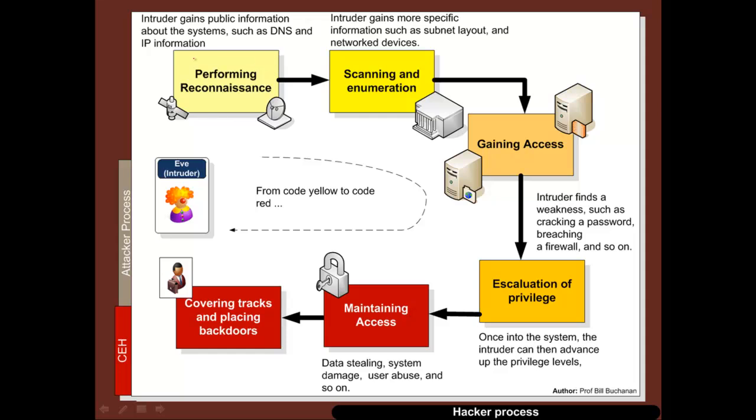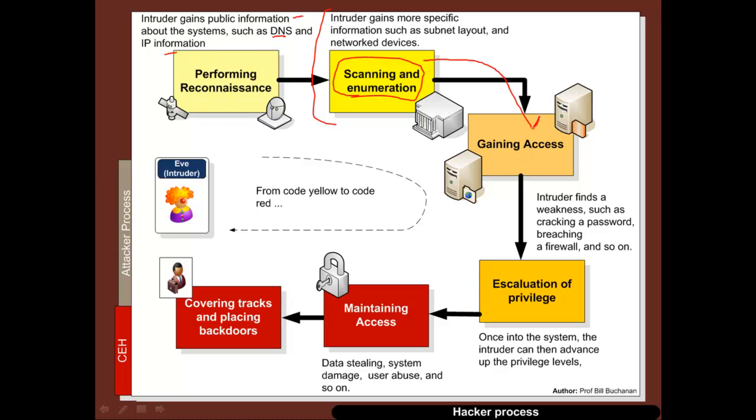There is normally some sort of reconnaissance outside, such as looking at DNS tables and IP information, and generally publicly available information such as whois databases. The intruder then might get more specific information about the network devices, hosts and so on by scanning and enumerating devices, finding out where they are and what their addresses are.